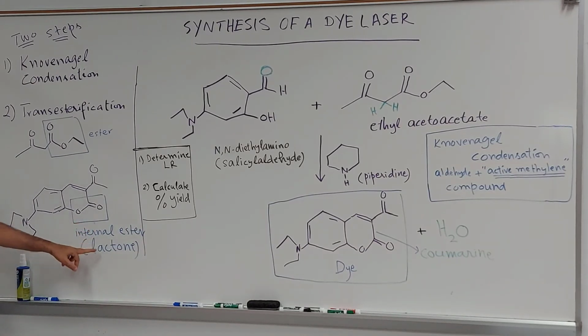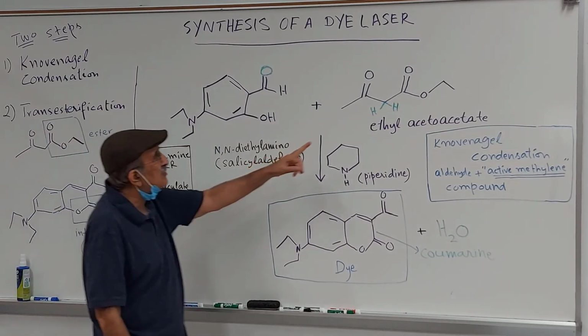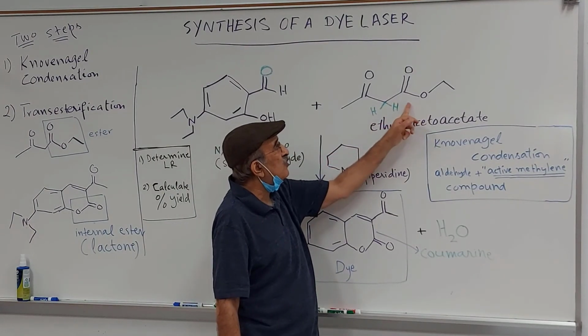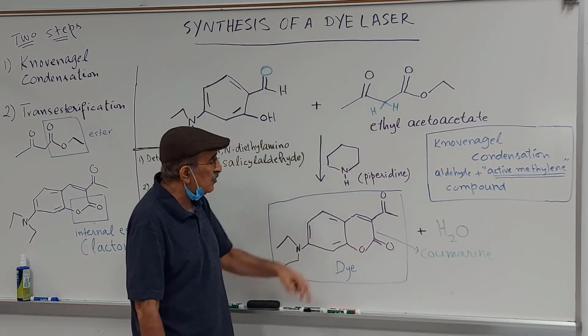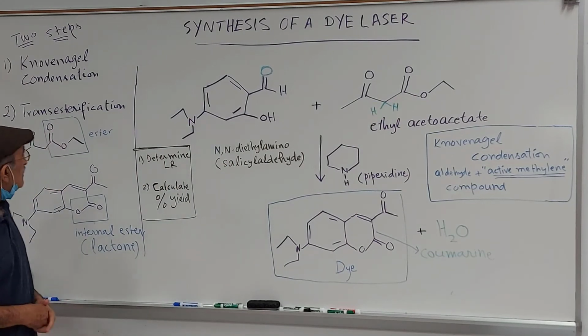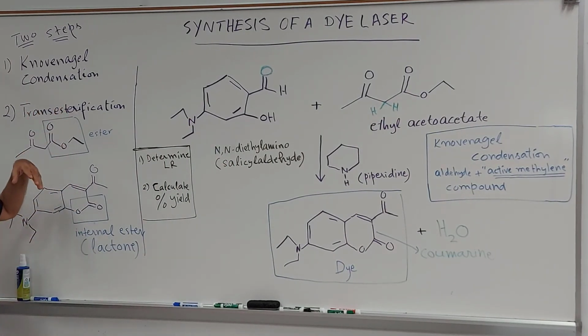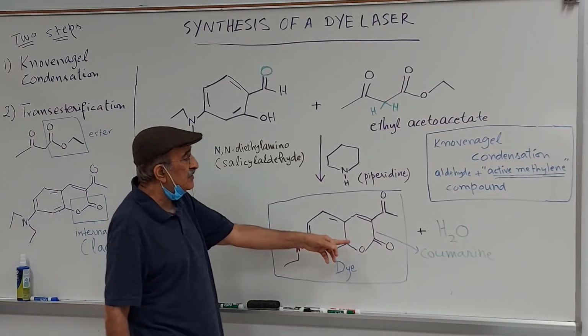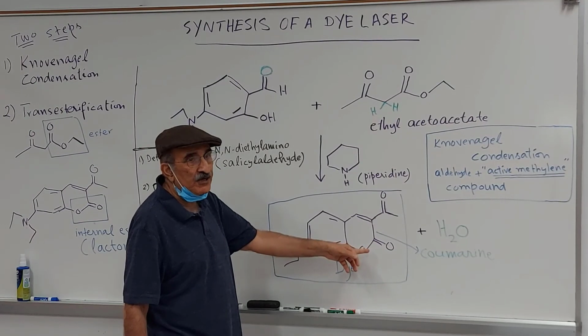Cyclic esters are also called lactones. Lactones are esters, just cyclic esters. So we have exchanged one ester group with another ester group. This is a trans-esterification reaction. First the Knoevenagel condensation occurs, and after that the cyclization occurs, which is the trans-esterification reaction.